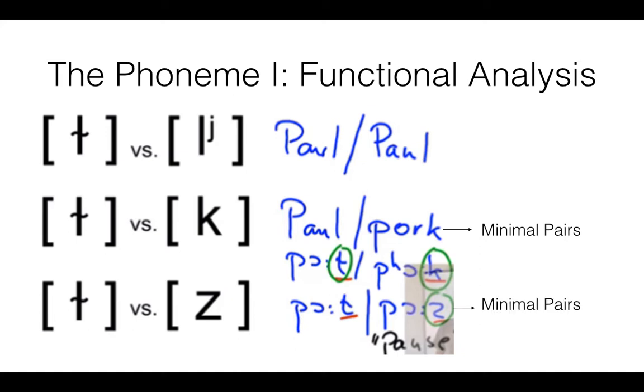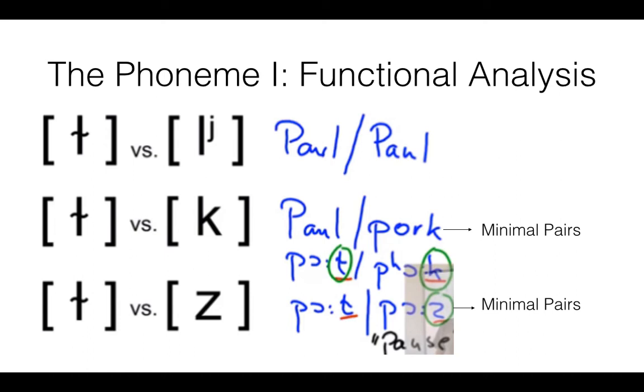So these here, what you see in here, Paul, pork, and Paul, pause, these words here, we call them in the functional analysis minimal pairs. Minimal pairs. Okay?